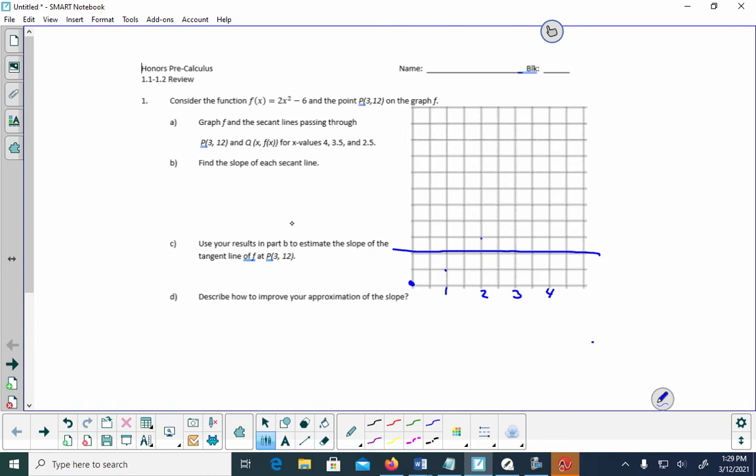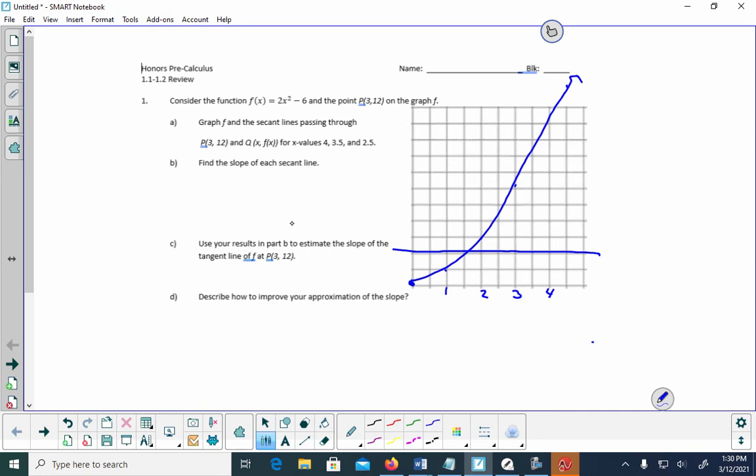Put in 3, that's 12. And 4 gives 26. So I get a parabola that looks something like this. I'm just focusing on the part that I can see.